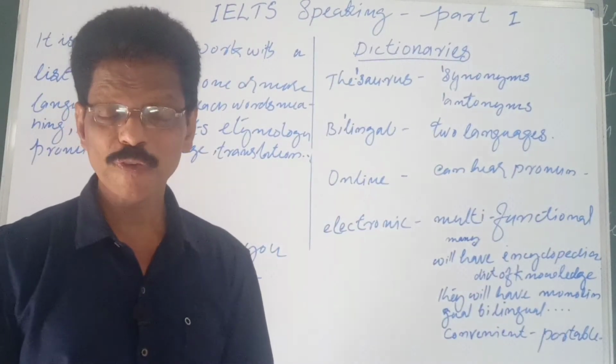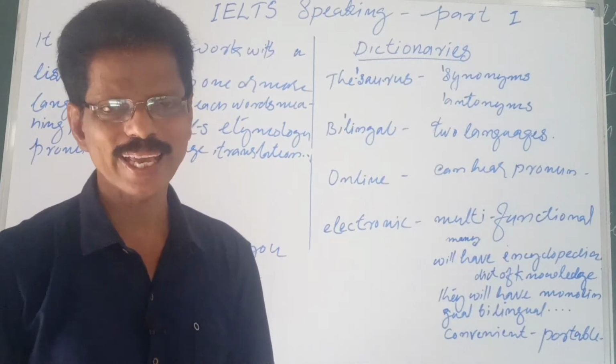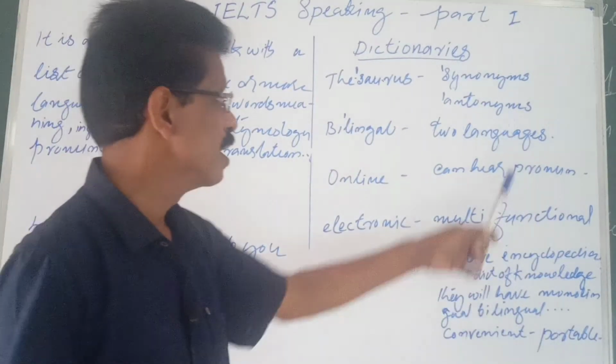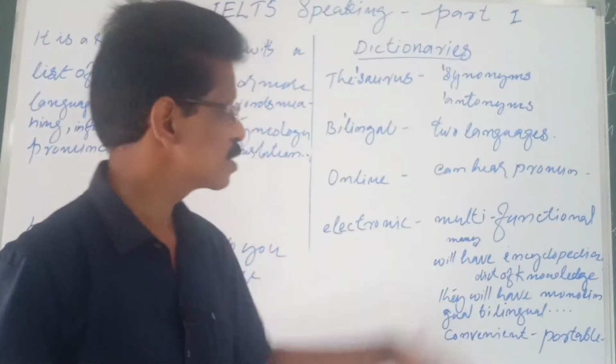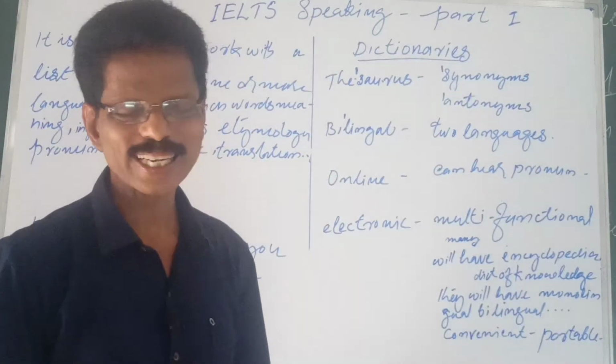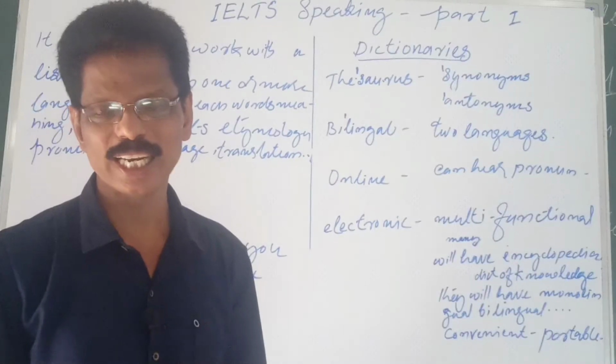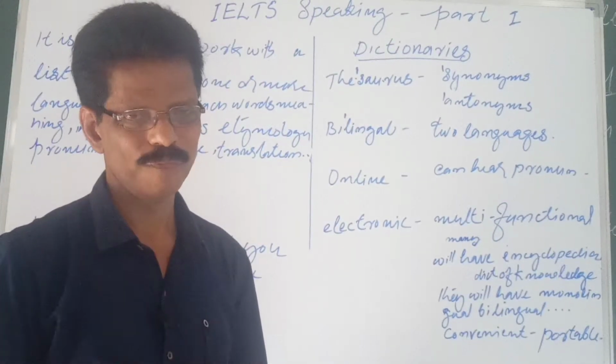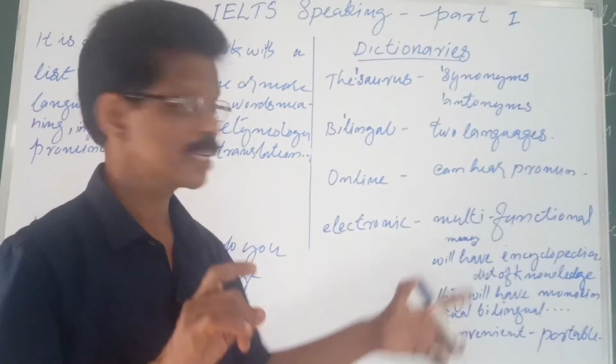One benefit of an online dictionary is that in addition to meanings and all, you get the pronunciation. Of course, in other dictionaries also pronunciation is there, but the difference is that there you find a mic symbol. If you touch it, you get the pronunciation.